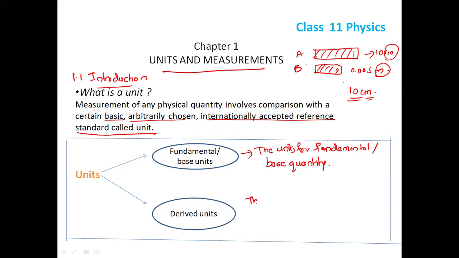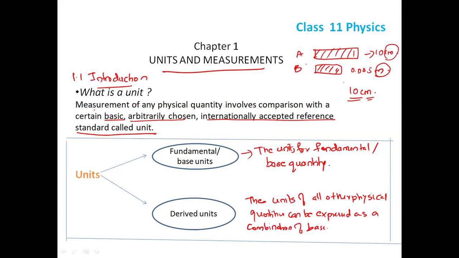So the units of all other physical quantities can be expressed as a combination of base units, and that is called the derived units.